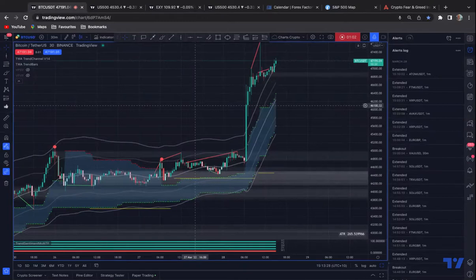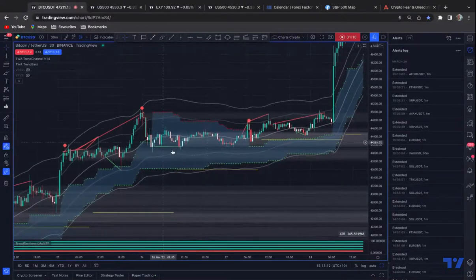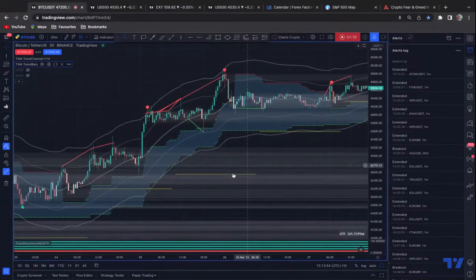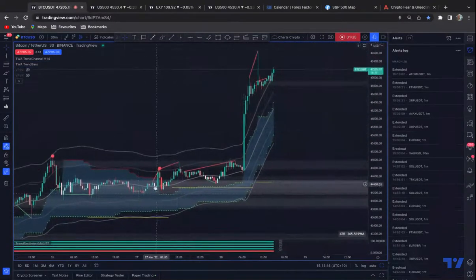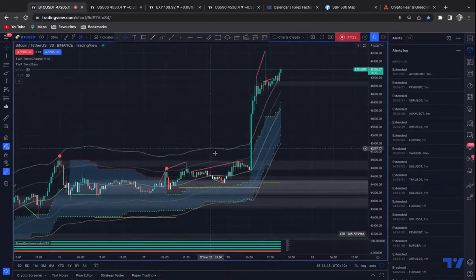And if you watched my video on Algorand, you would have noted that the opportunity comes when we break out of this channel. Any breakout of this channel is an opportunity, or this break above the cloud, I should say.